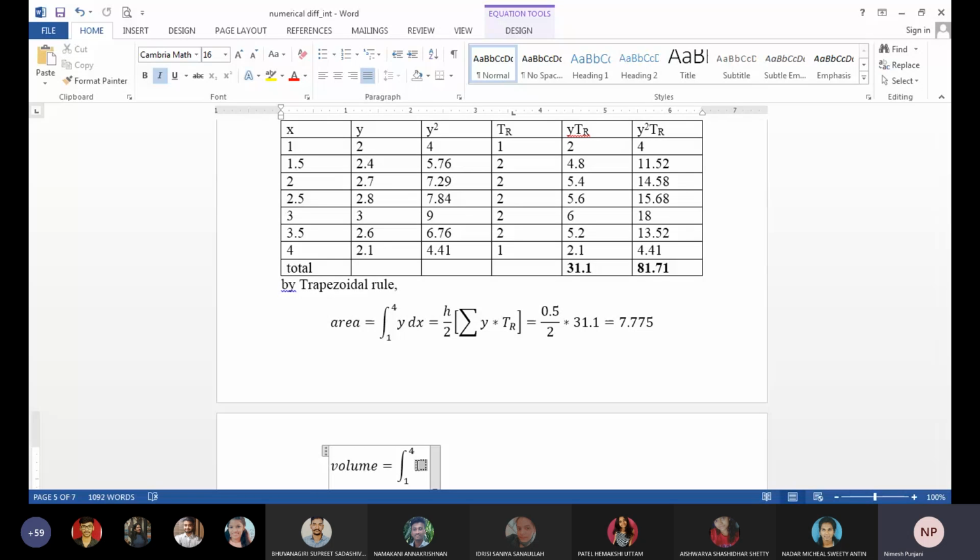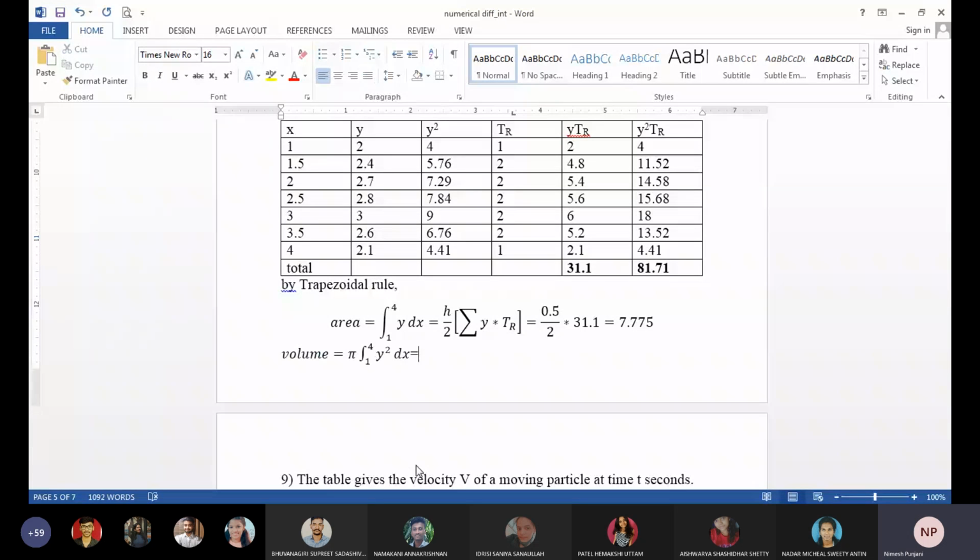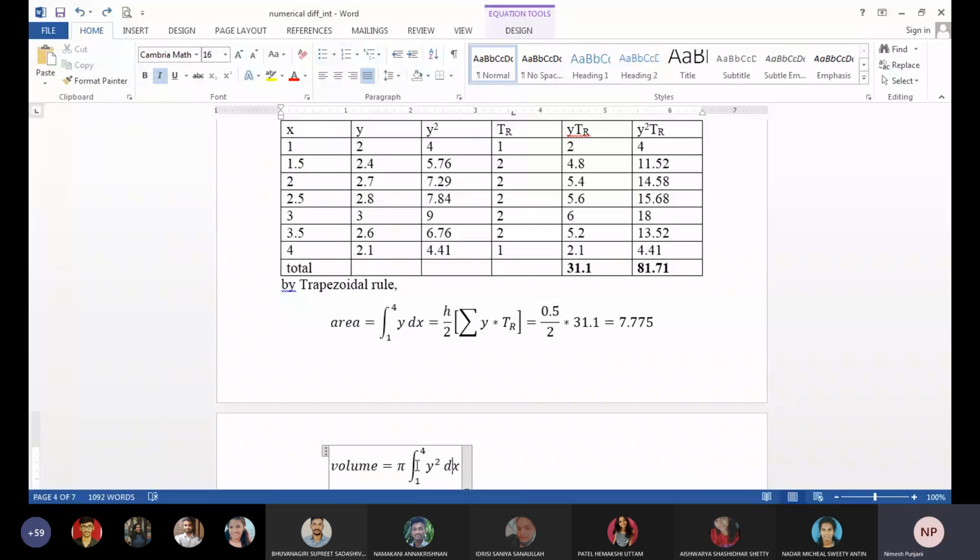The formula for volume is pi times integration 1 to 4 y square dx.